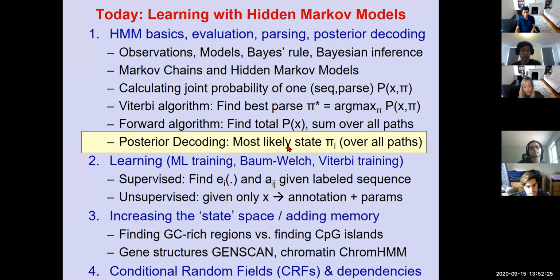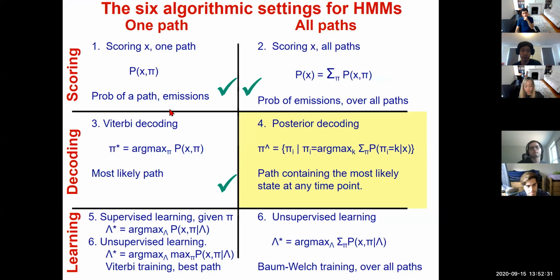All right, so let's now switch to posterior decoding. So remember our matrix here. We talked about scoring a particular sequence given a single path and scoring a particular sequence given all paths.